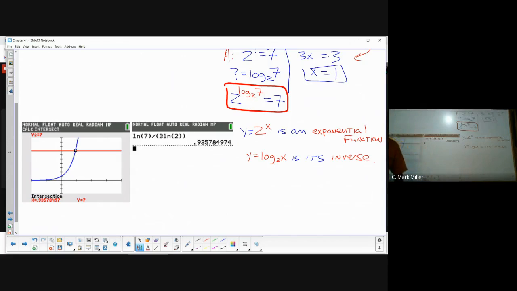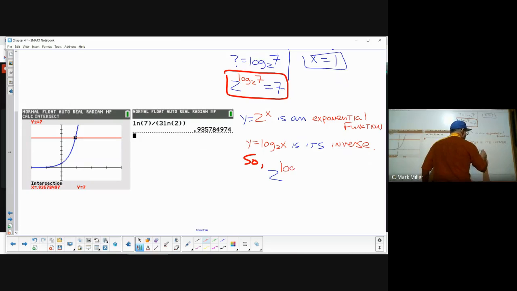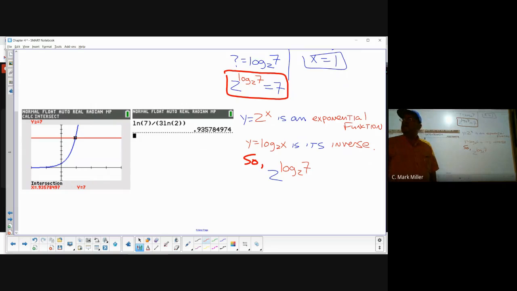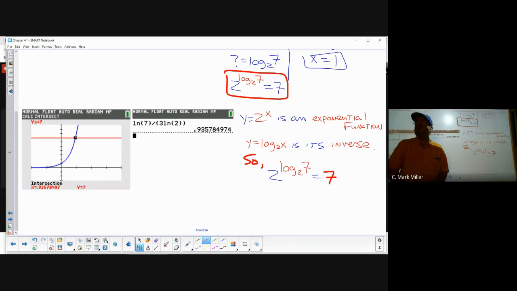What properties do inverses have? They undo each other. So, when we raise 2 to the log base 2 of 7, whatever log base 2 of 7 is, 2 to that power has to equal 7.